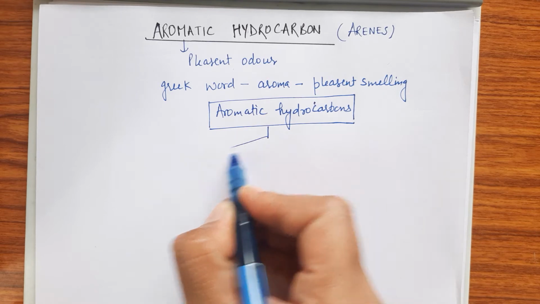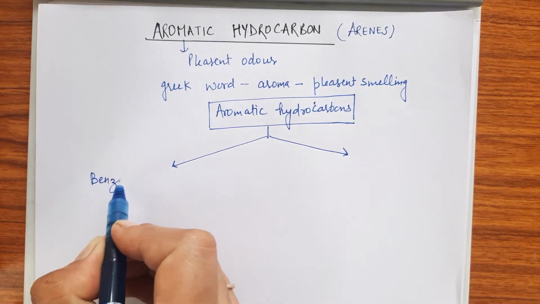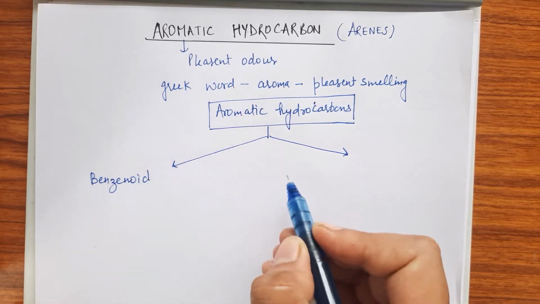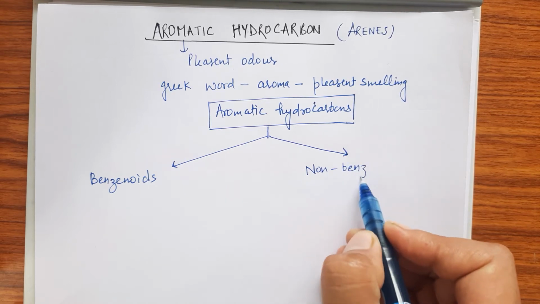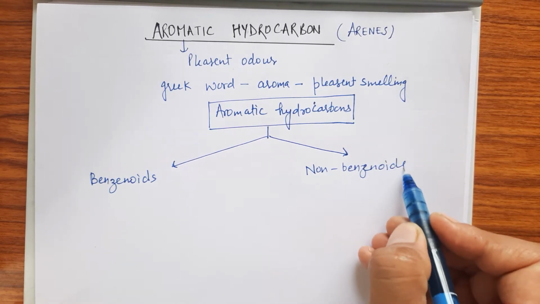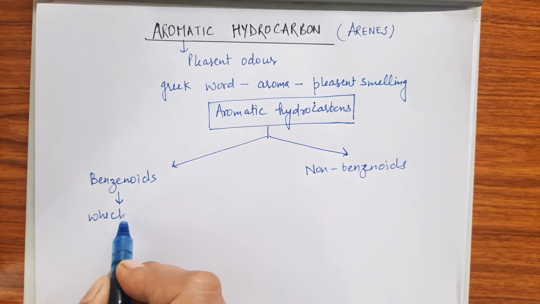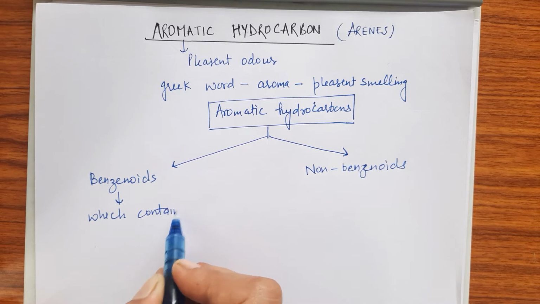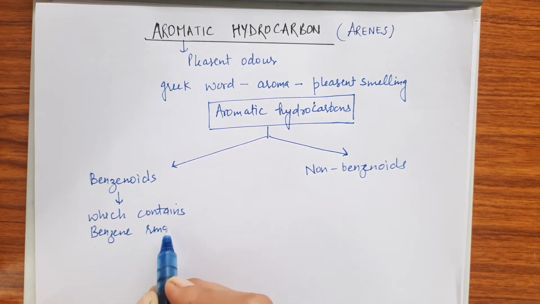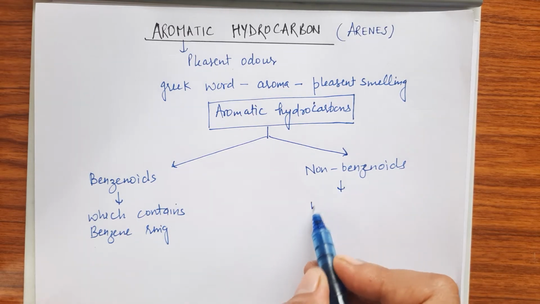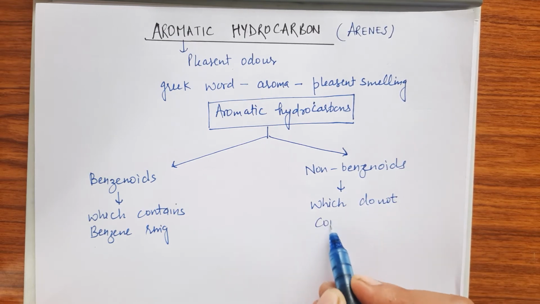First is the benzenoid aromatic hydrocarbons and the second is non-benzenoids. So benzenoid means which contains a benzene ring, while non-benzenoid means they are aromatic but they do not contain a benzene ring.